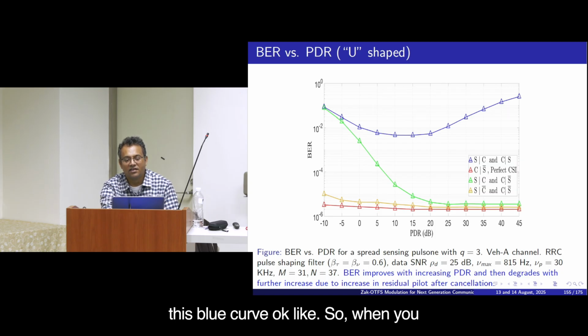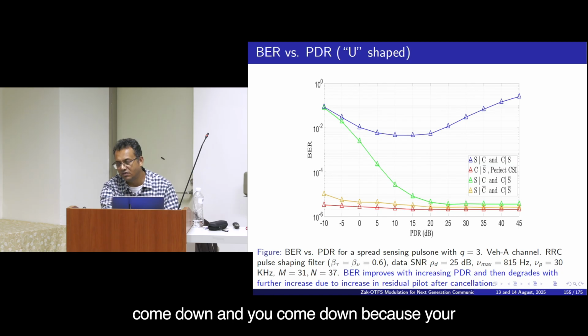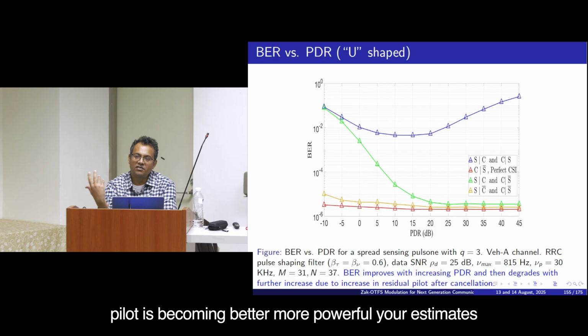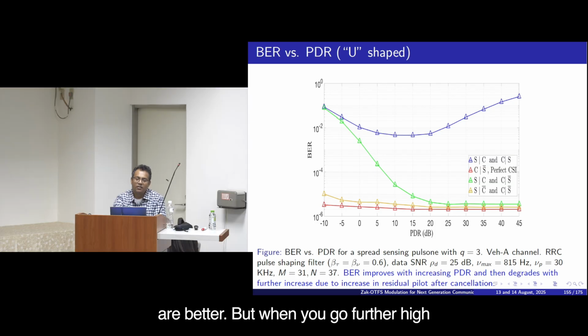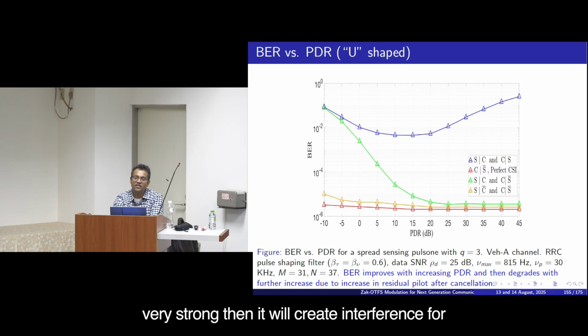When you increase PDR, pilot to data ratio, initially you come down, because your pilot is becoming more powerful, your estimates are better. But when you go further high, if the pilot really becomes very strong, then it will create interference for the data, and so the data detection will suffer there.